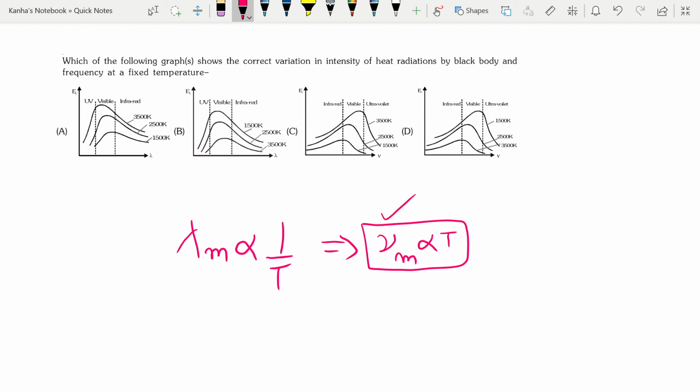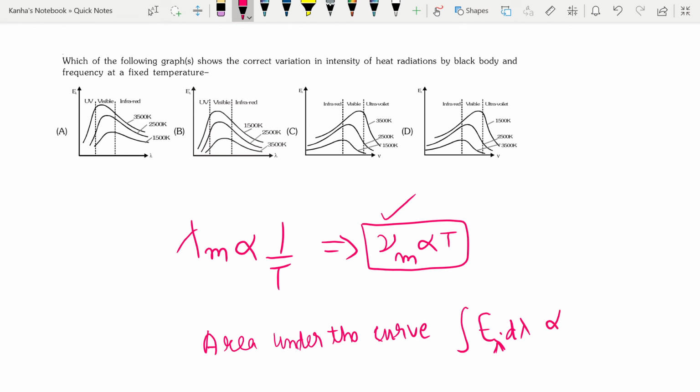Also the area under the curve should be equal to the integral of E d lambda, E for a specific lambda into d lambda.